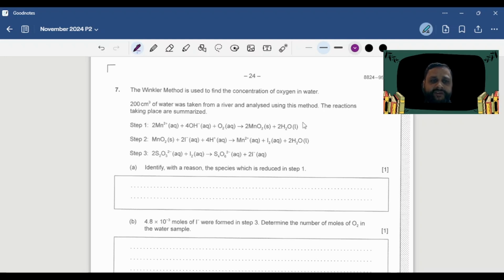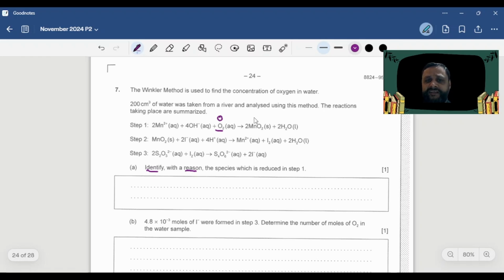So the first question is identify. So we need to write down which species, identify, and then with the reason, the species which is reduced in step 1. So reduction is gain of electron, reduction is decrease in oxidation number. So let's assign oxidation number. I can straight away see in step 1 oxygen is an element, so 0.